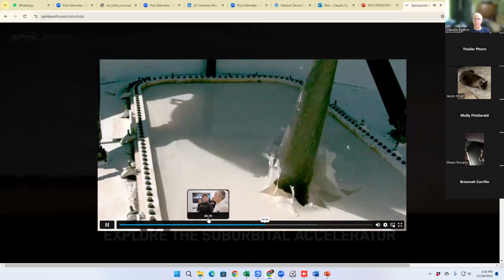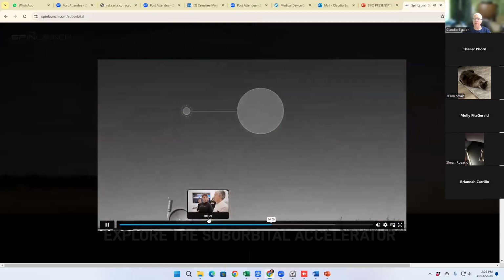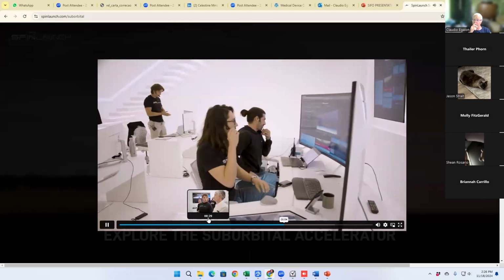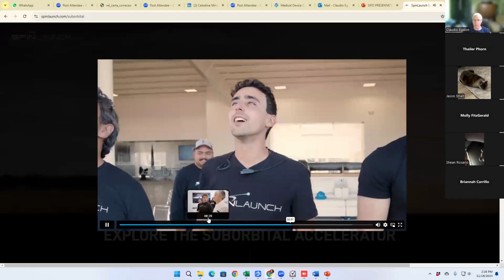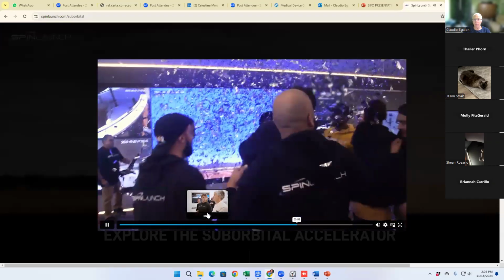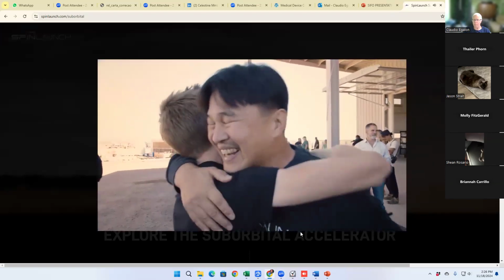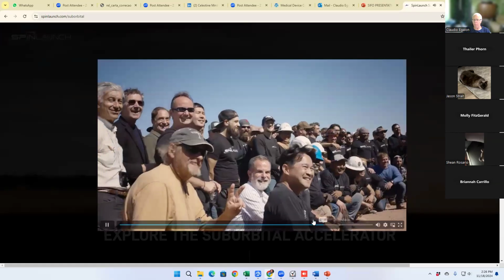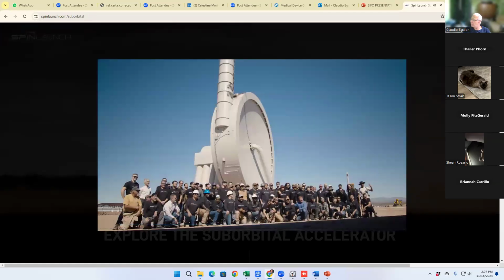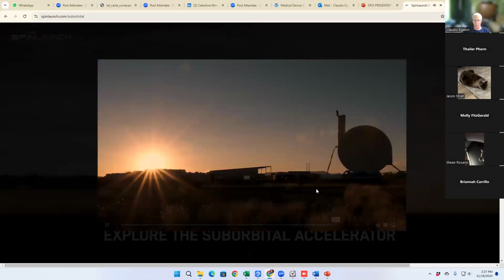Whoa! That's in slow motion, right? They impart a rotation to the rocket so it stays oriented in the proper direction. Oh my God, it's so funny. There you go.